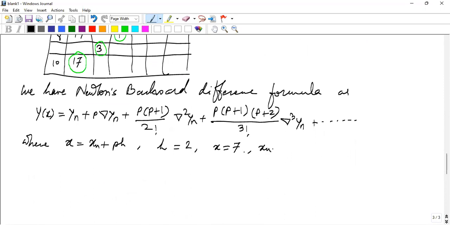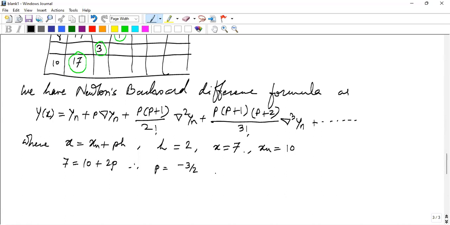What is xn? Xn is 10, no? Yes, sir. Okay, so what we have here, 7 is equal to 10 plus 2p. If I simplify, what we'll get is p is equal to minus 3 by 2.